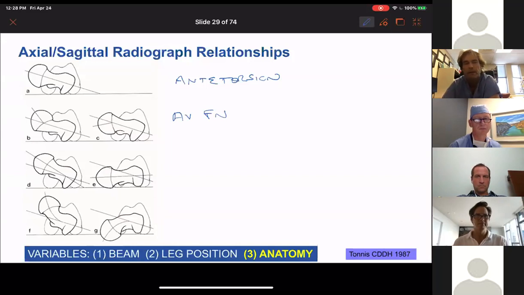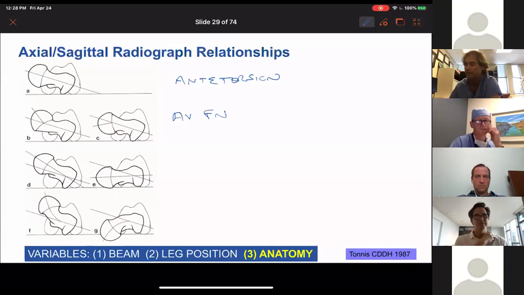So version of the neck is described by Tönnis, and I think he's probably the foremost expert on this, as the variation in the relationship or the angle between the neck and the head, okay?